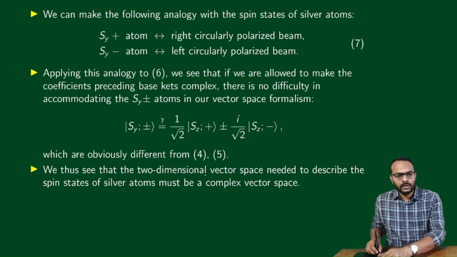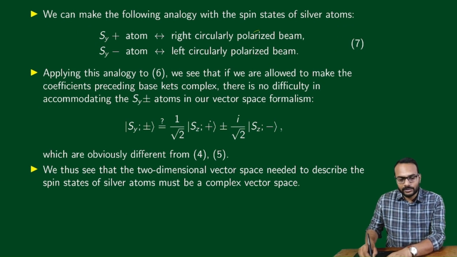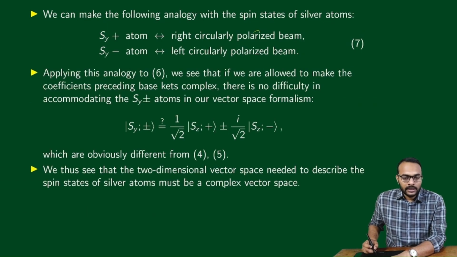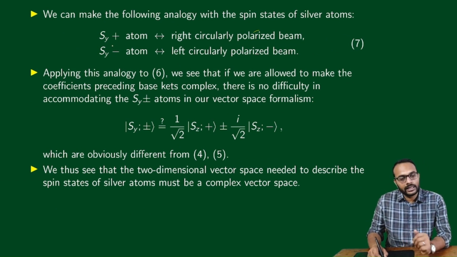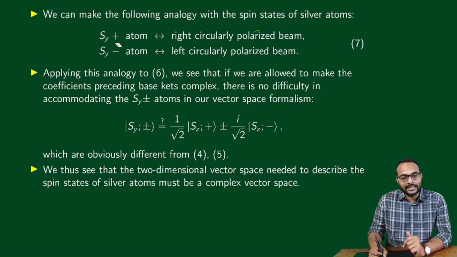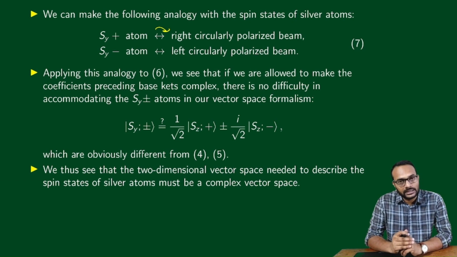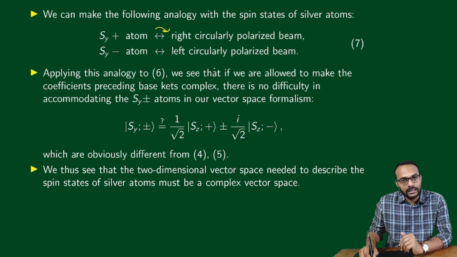Now we can make the following analogy with the spin states of the silver atoms, because we see that there are some other coefficients other than what we have already used. There are extra coefficients appearing here in terms of this complex or imaginary i. We can make use of this fact to find the following correspondence. The Sy plus atom can be represented by a right circularly polarized beam, and the Sy minus atom by a left circularly polarized beam.